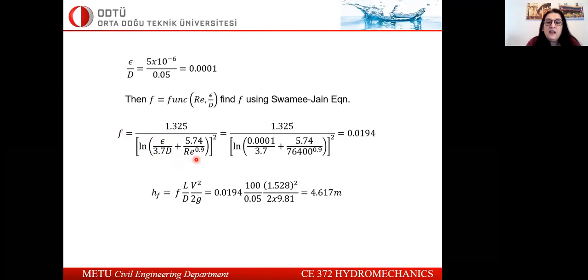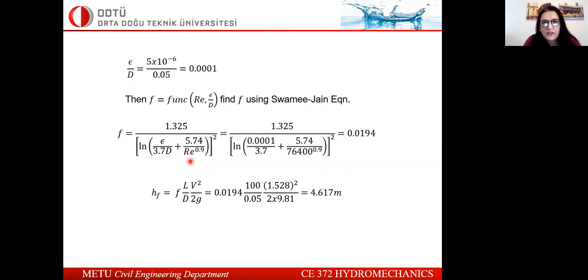On the other hand, if you are given that you have hydraulically rough flow, then we know that the Reynolds term will go to 0. How? We will assume that the Reynolds number goes to infinity. So that's the region where you have horizontal epsilon over d lines for any Reynolds number that you enter, the fully turbulent zone.